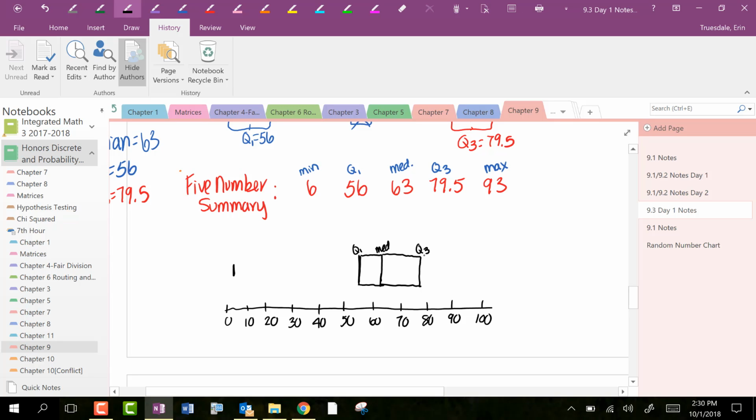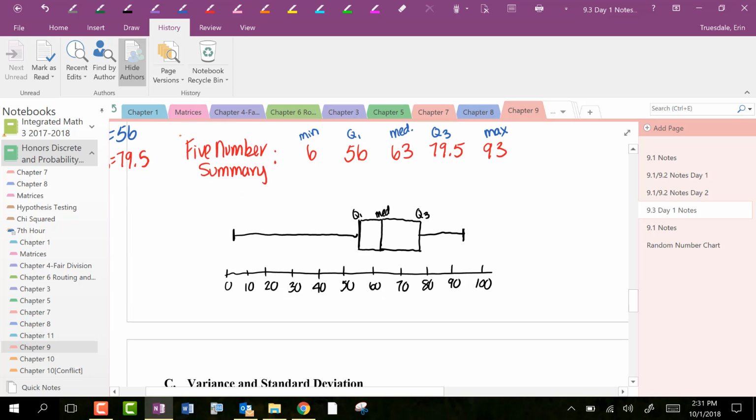And then the max was 93, so that's right here. Then you can draw in your whiskers. So this is the min, and this is the max.